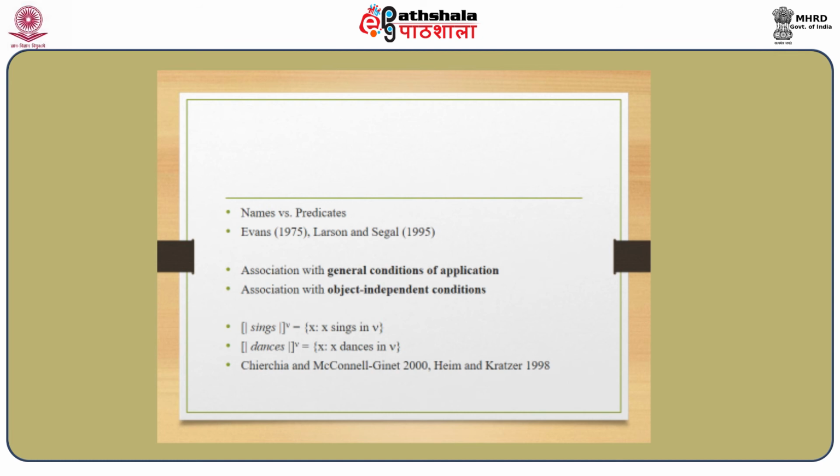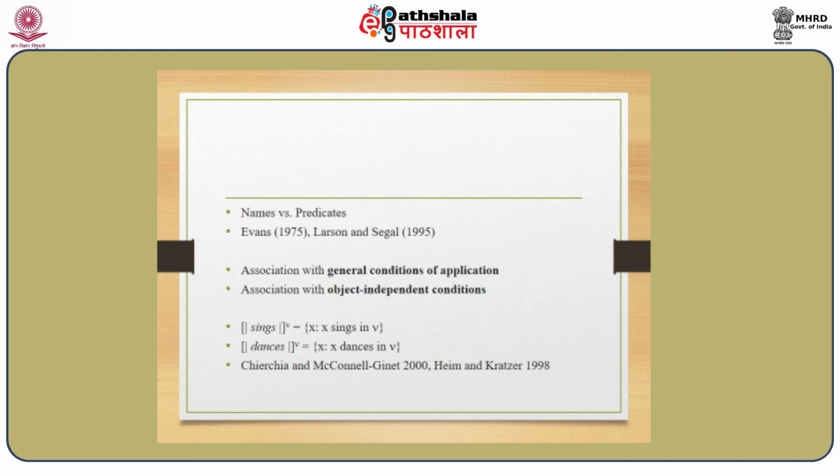The word dances, for example, applies to many individuals, all the creatures who dance. The phrase "is a moon of Venus" applies to no object because the planet Venus has no moons, whereas the VP "is a moon of the Earth" applies to just one object in our universe.